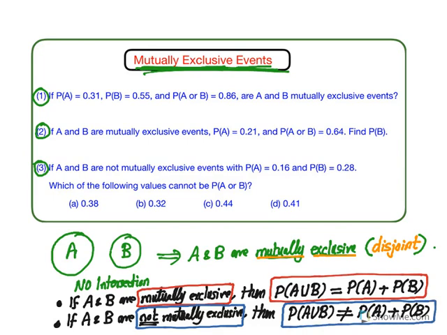It actually has a different formula. It will be probability of A plus probability of B, but minus probability of A and B.